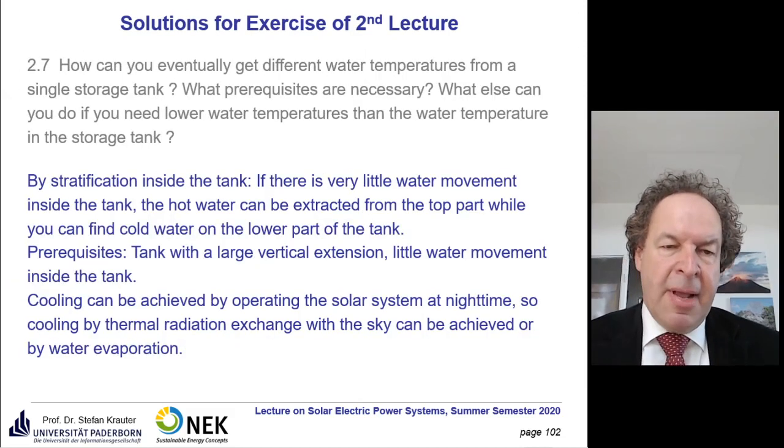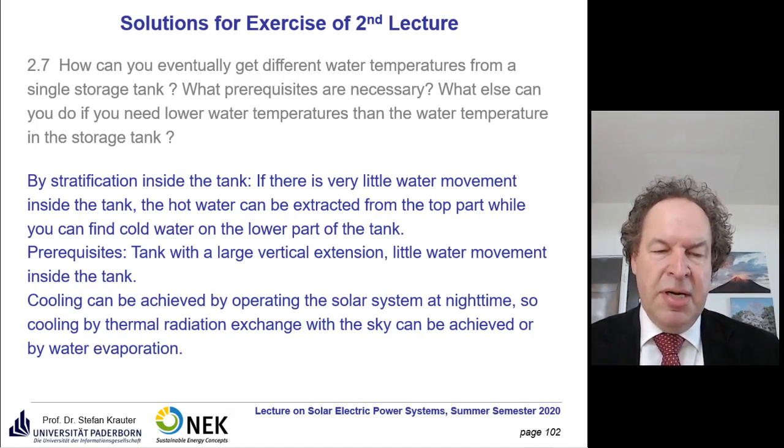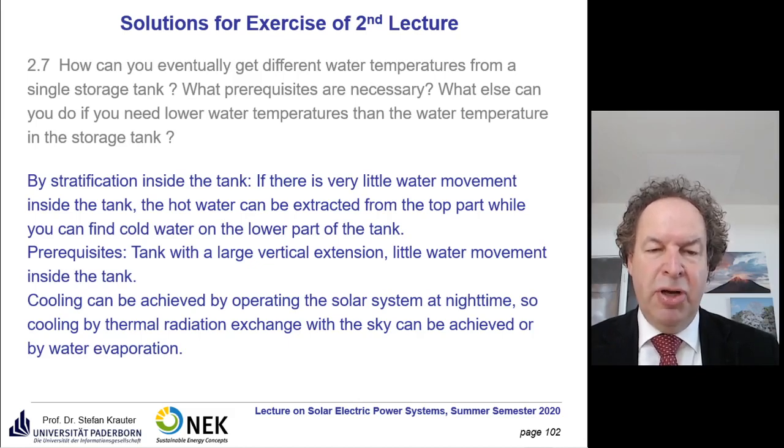So how can you eventually get different water temperatures? I was talking about a lot of time, so you can do it by stratification inside the tank. If there's only a little water movement in the tank, the hot water stays on the top and can be extracted from the top, while you can fill up cold water on the lower part of the tank.